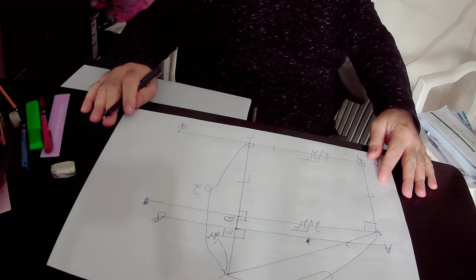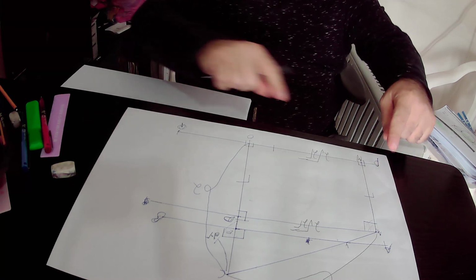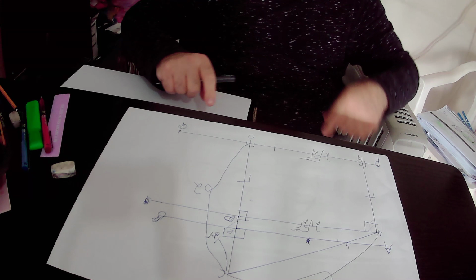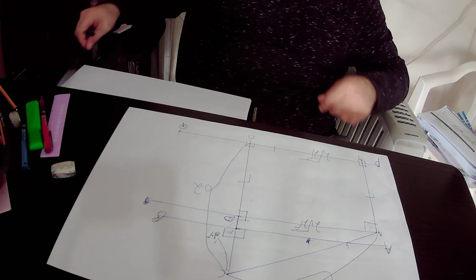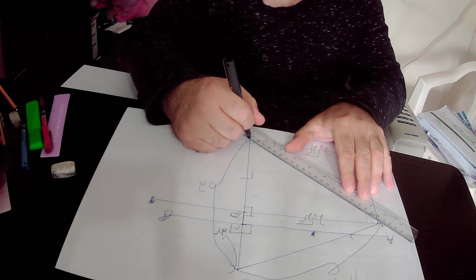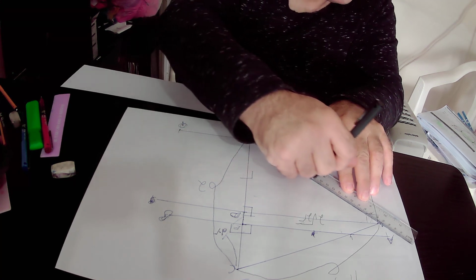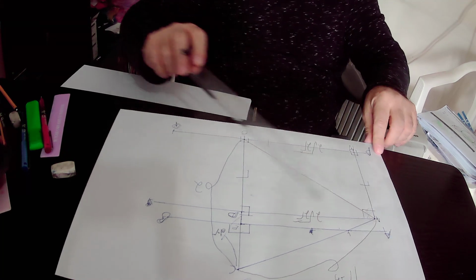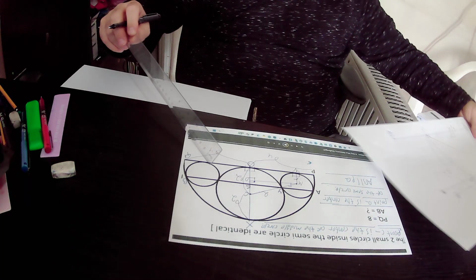In the next step, we will connect points M and O by a straight line. We will do the same thing in the original drawing.